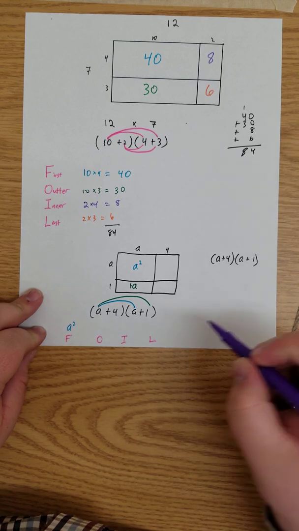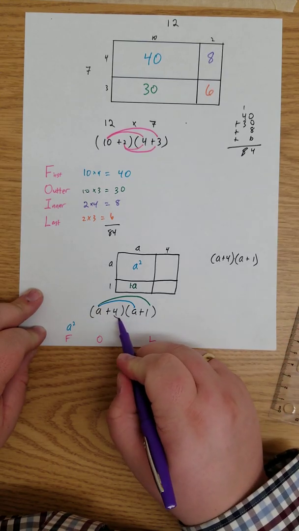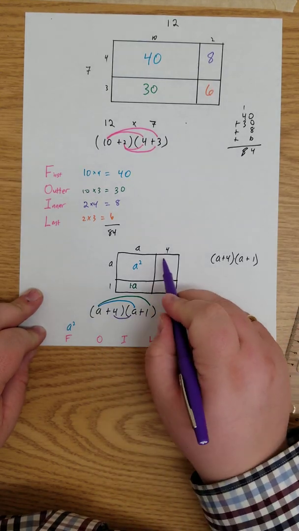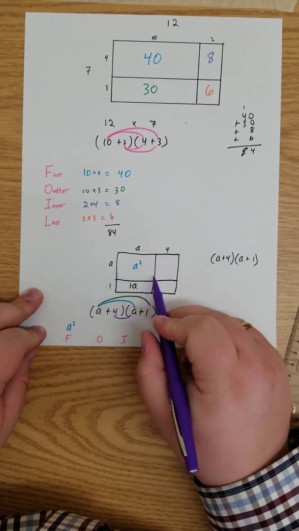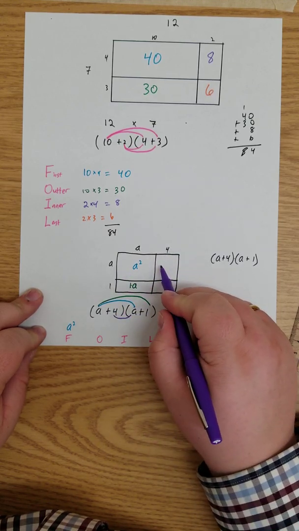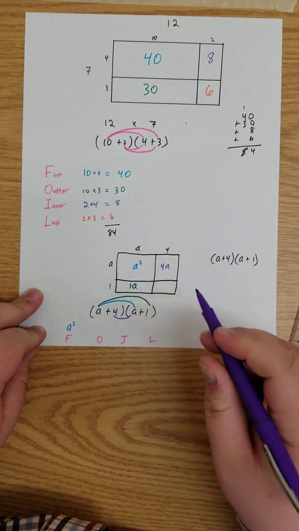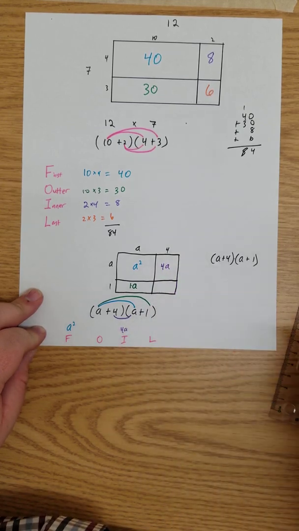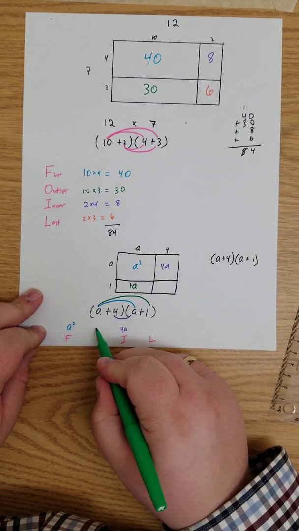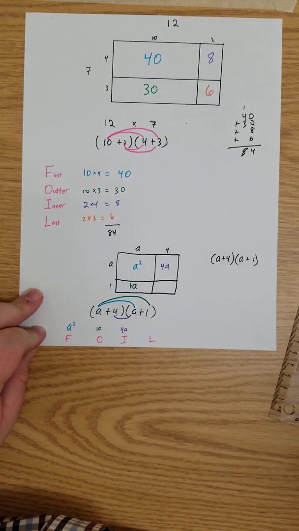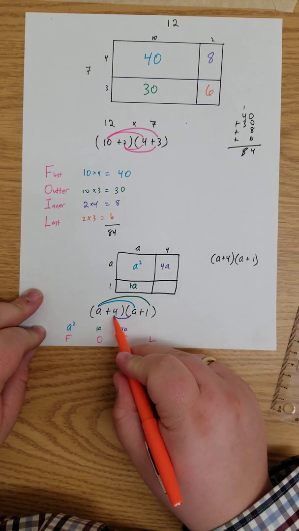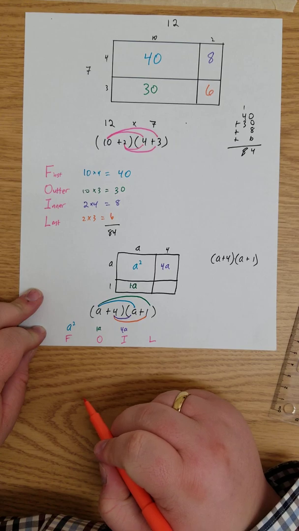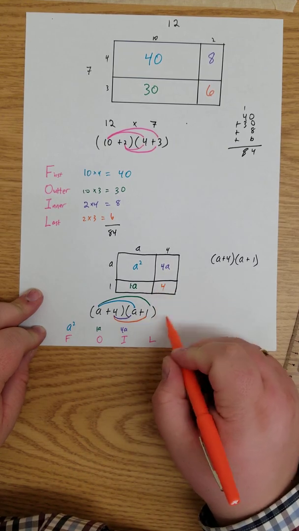Next, my inner numbers are 4 and an a. That's represented in this box right here. 4 times a is 4a. And I forgot to write the 1a down here. And finally, my last numbers, the 4 and the 1, represented right down here, is simply 4.